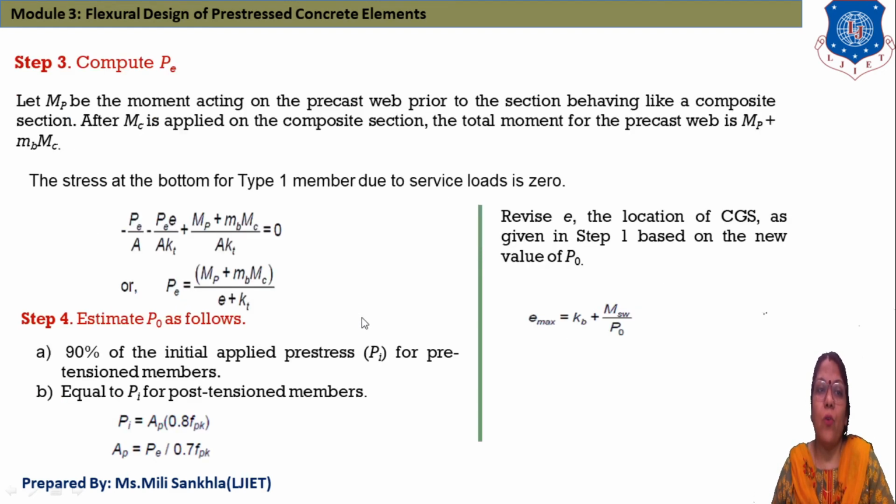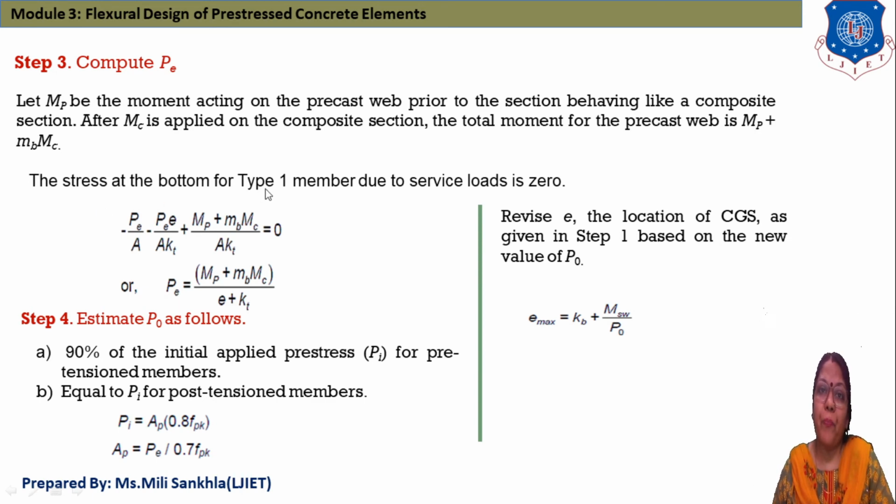Okay, now third, we find PE, that means our effective prestressing. Let MP be the moment acting on the precast web prior to the section behaving like a composite section. This is the moment on the precast web when our section acts as composite. After MC is applied on the composite section, the total moment for the precast web is the summation of MP plus MB MC. Now we discuss type 1 member.